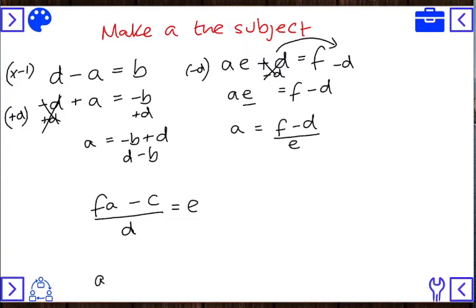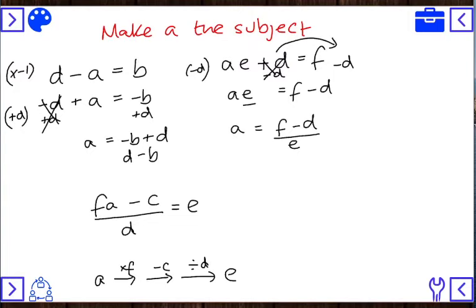So the first thing that happened to A was we times by F. Then we took away C, and then we divided by D, and we got E. Now this kind of flow diagram doesn't always work, especially when the subject appears more than once. But for simple questions where A appears only once, a diagram like this can massively help.